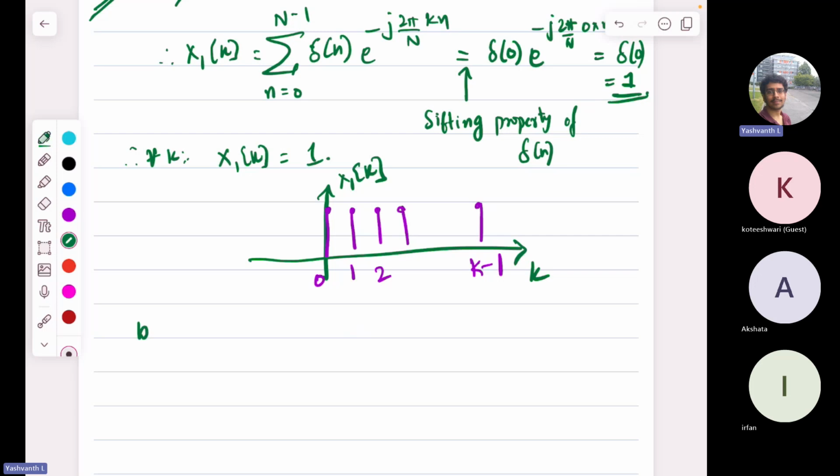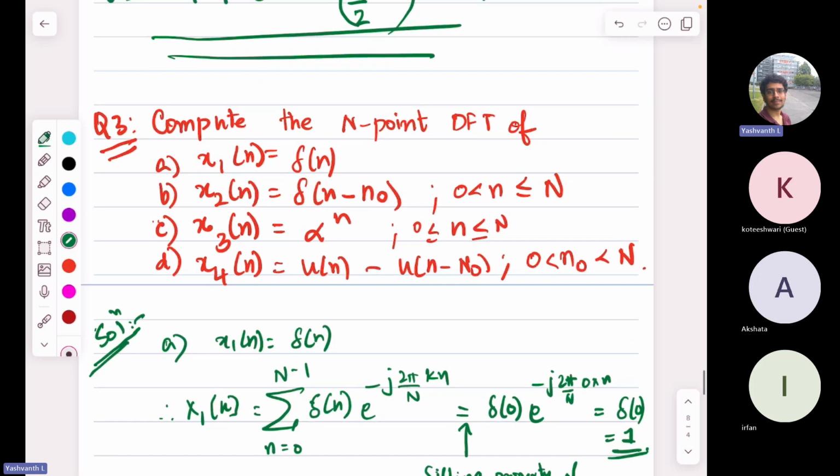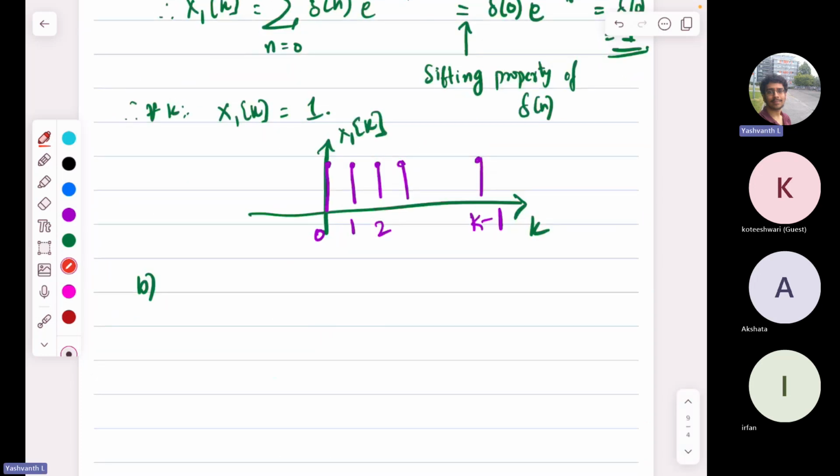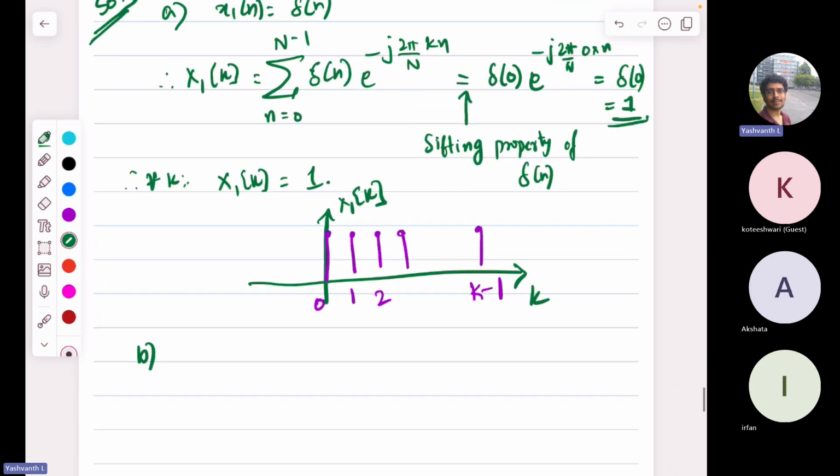The next question is to find the DFT of the signal x2 of n equal to delta of n minus n naught, where small n naught is a number between 0 and capital N. I think it should be easy to tell, but let's anyway write down the signal.